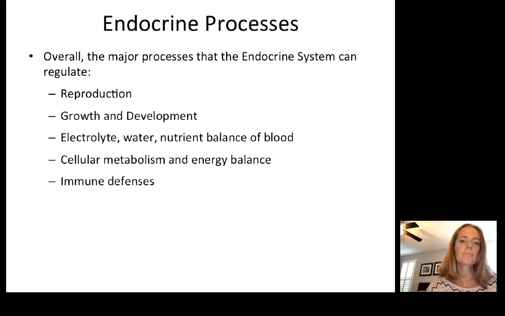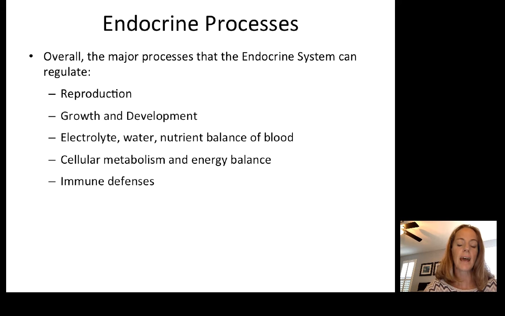So overall, there is a lot that the endocrine system can regulate, and it all comes back to the basic homeostatic systems in the body. So it can regulate reproduction, growth and development, and electrolyte, water, and nutrient balance in the blood.